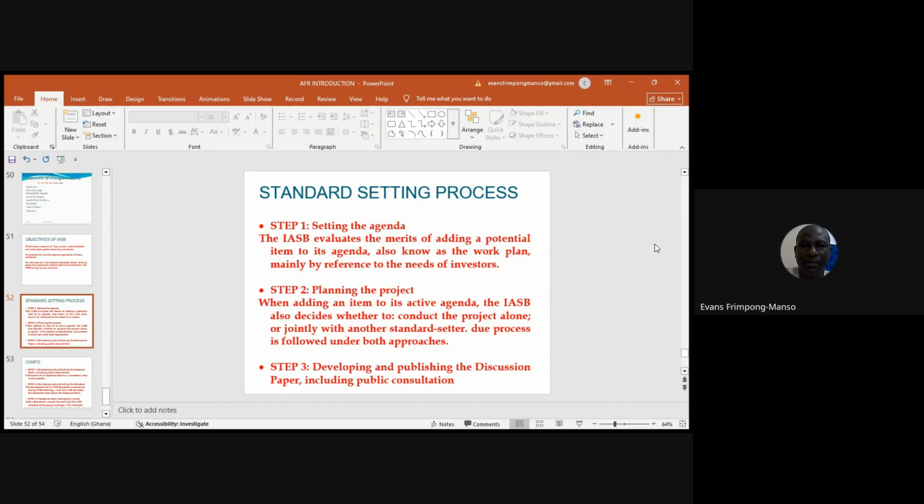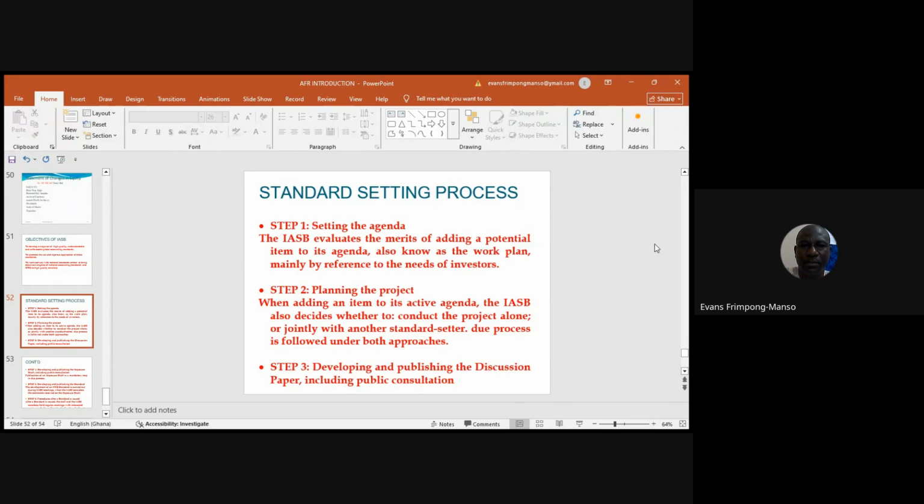So once they have a work plan that they want to bring a new standard into being, then they plan the project. When they plan the project, they develop what we call a discussion paper for other people to bring out their views on the subject matter.